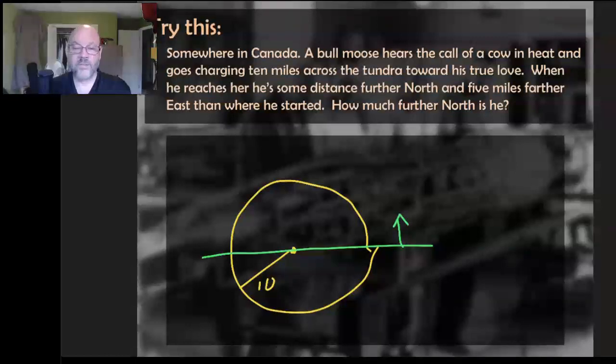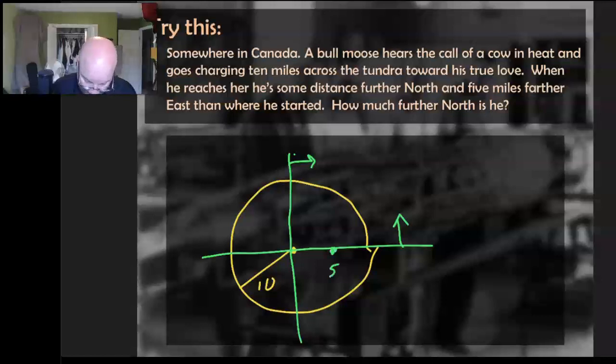And 5 miles further east. Okay, so that tells us he's on this side. And in fact, we know he is over here somewhere. In terms of a vector, it's going to have to be something like this, where we know the bottom side of that triangle is 5, and the vertical side is, well, we don't know what that one is.